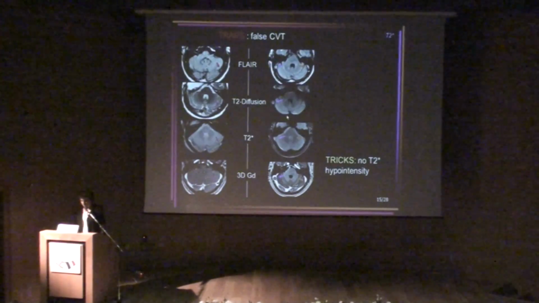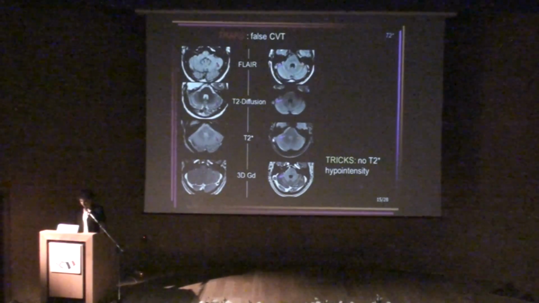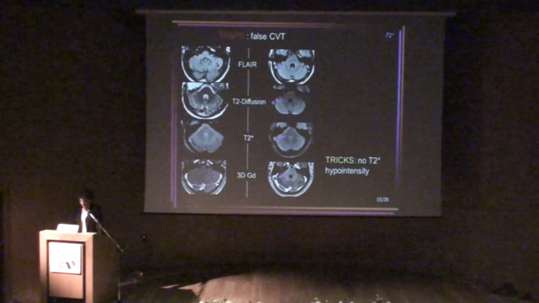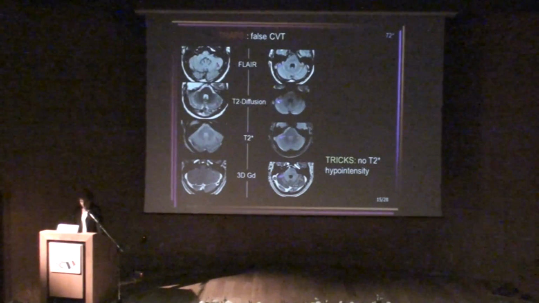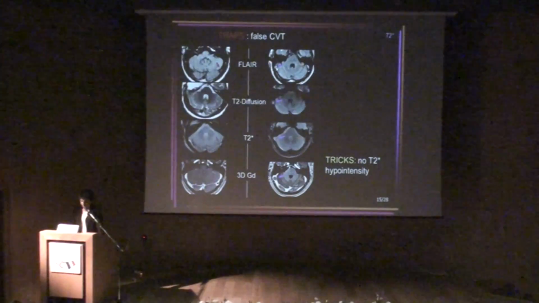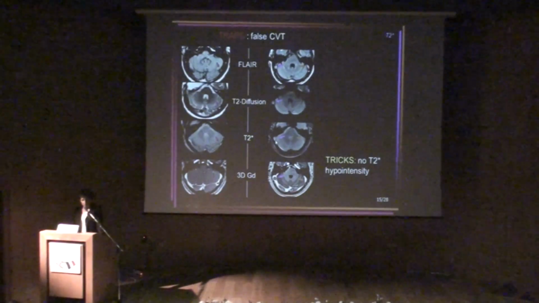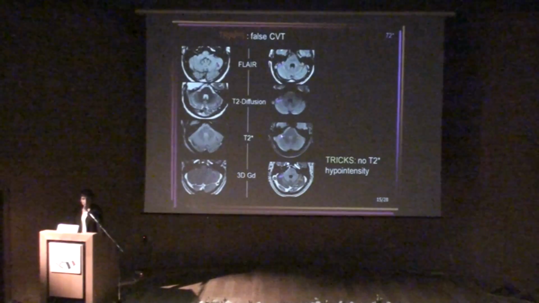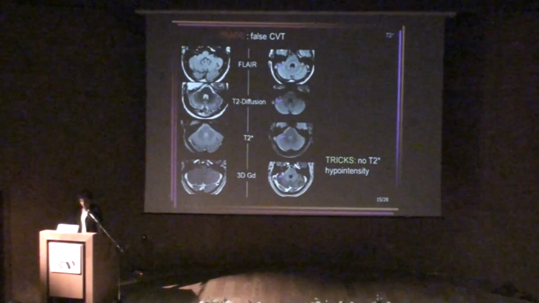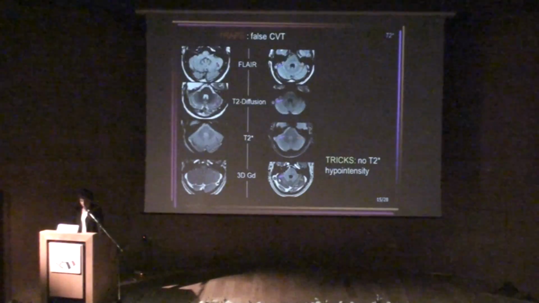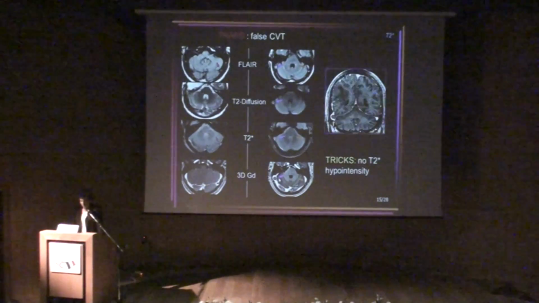And the last one is on the other side. This is more tricky, but quite rare in fact. Look at this one. Again, the signal is intermediate on FLAIR, on diffusion. There is no hypointensity on T2 star, so it's not a clot. And there is a defect on post-gadolinium T1 weighted sequence.